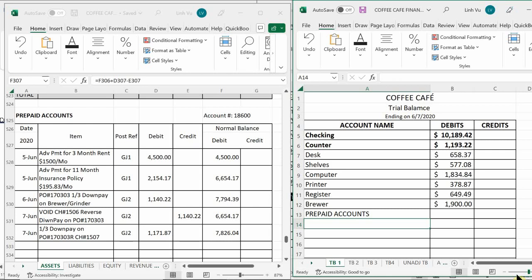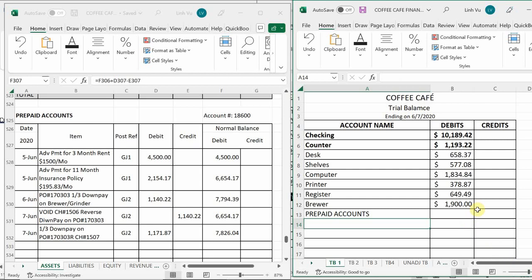So if you remember from way back when, I set up the chart of accounts to be capital letters as your main accounts, and your sub accounts are going to be in lowercase letters, right? In this case, prepaid accounts is going to be its own separate main account. So I'm going to put it in capital letters so I can figure out that this is a main account, okay? But you're going to include every single account.